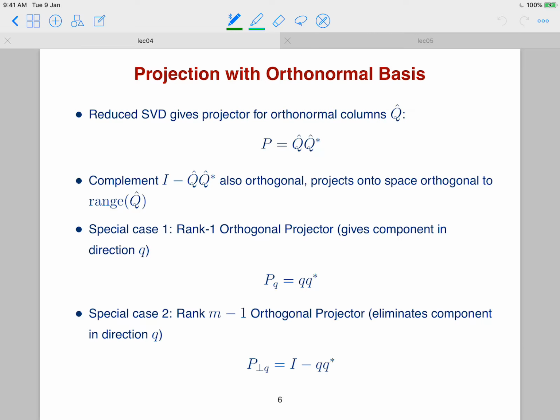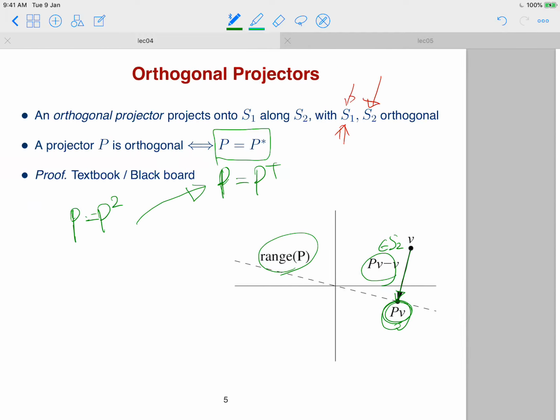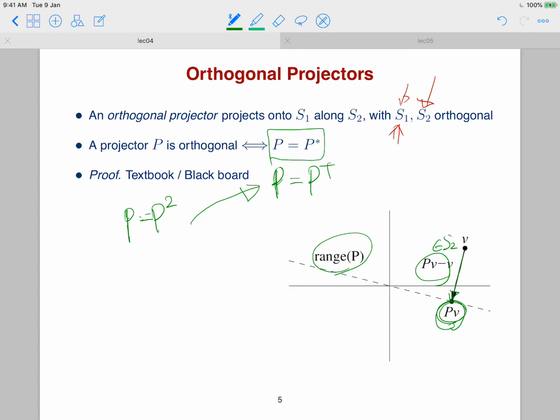Okay, so in the case of the orthogonal projector, P is equal to P transpose.